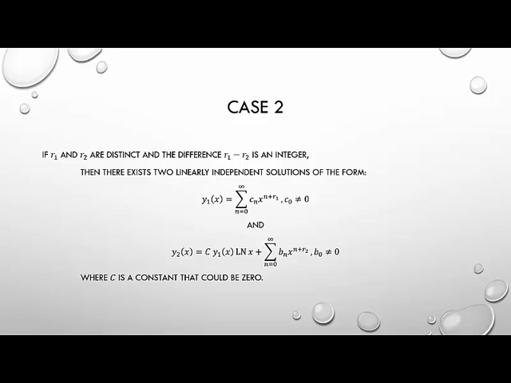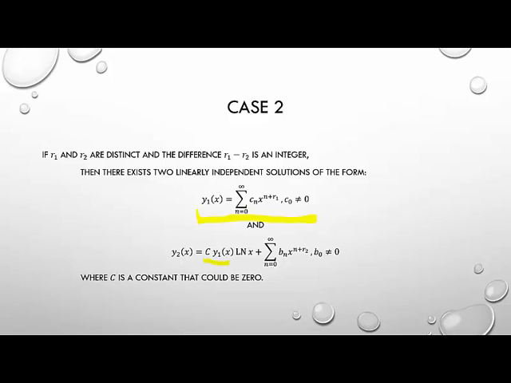Case 2: if the difference between r1 and r2 is an integer, we're going to find one power series solution first with the larger root r1, and then with the smaller root r2.